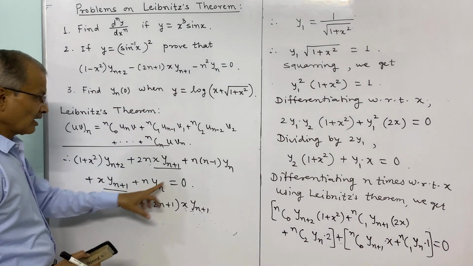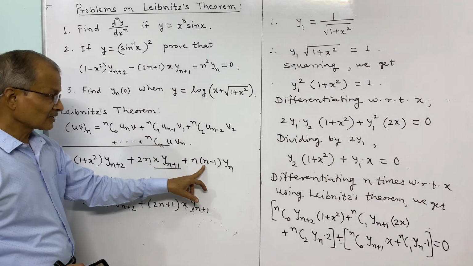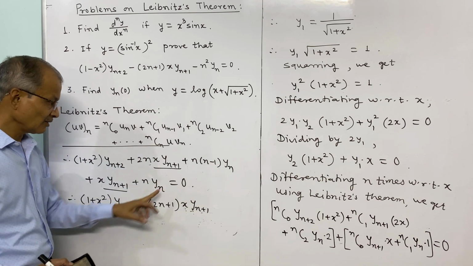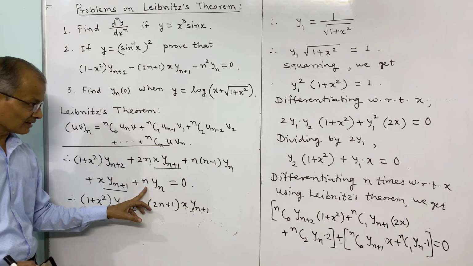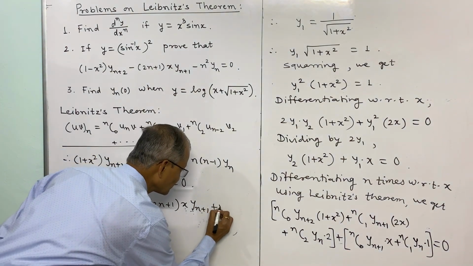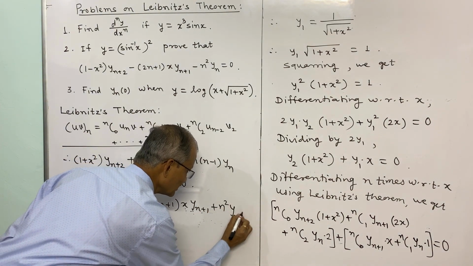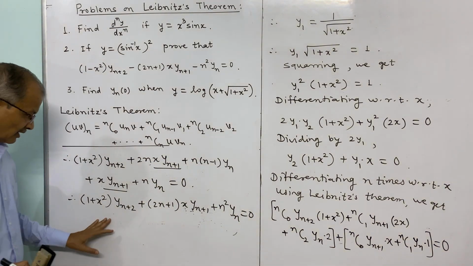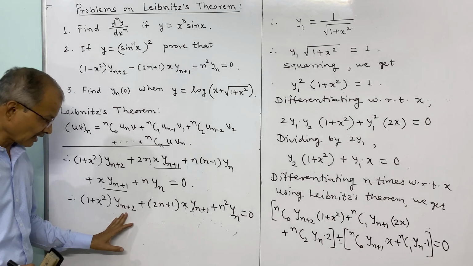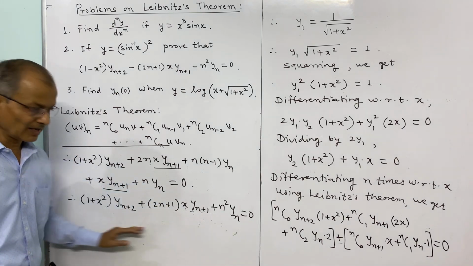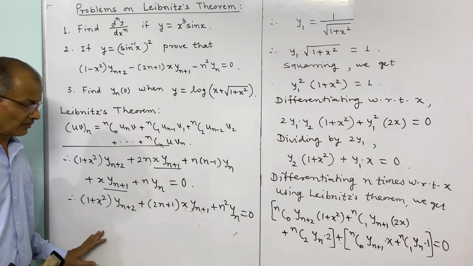And finally here this is n square minus n into yn, and minus n into yn plus n into yn cancels, so only n square yn remains, n square into yn is equal to 0. So this is the equation in terms of the n plus second derivative of y, the n plus 1th derivative of y, and the nth derivative of y.